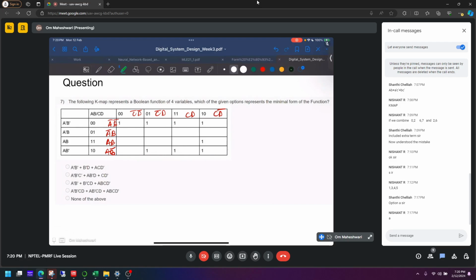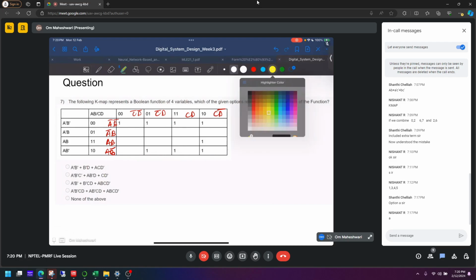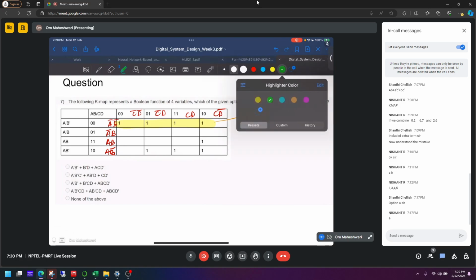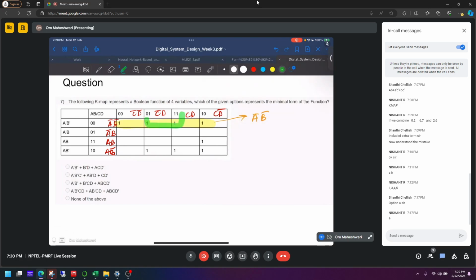So we will form as many largest groups as possible. One is this. This is A bar B bar. Another one we can make is this.